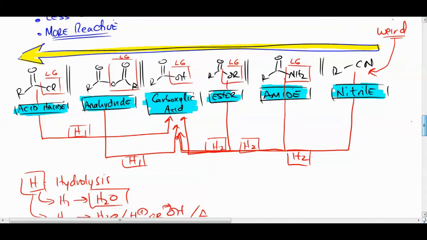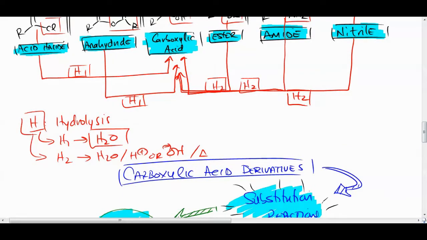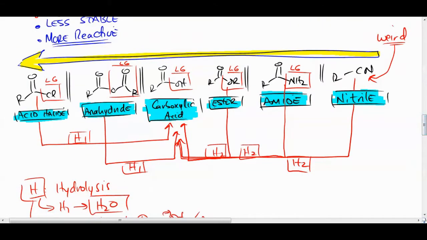So all of these guys can be hydrolyzed back into the carboxylic acid. Now, because these two are more reactive, they don't really need the acid or the base. You can just drop in H2O and you can get the hydrolysis to occur because they're really reactive. But once you get down here, these guys are going to need more prodding. So you're going to need acid and heat to react them.